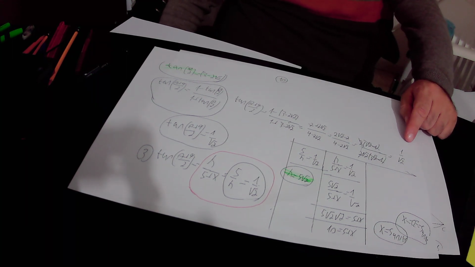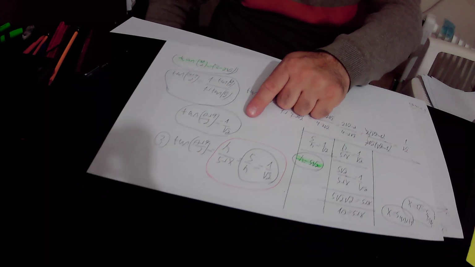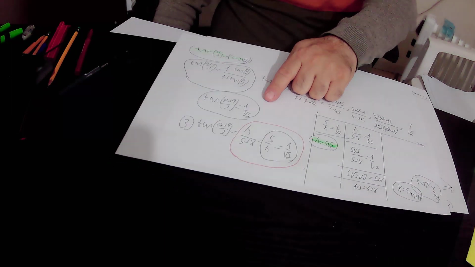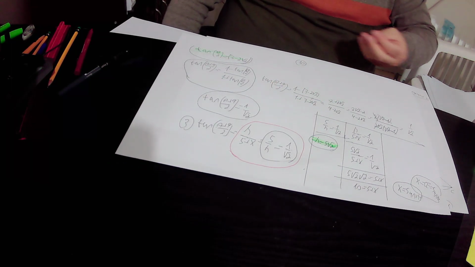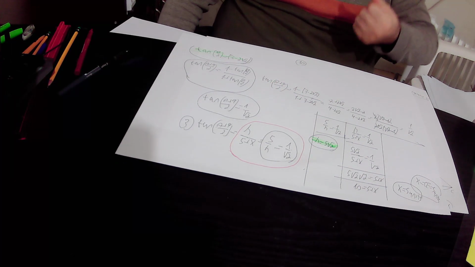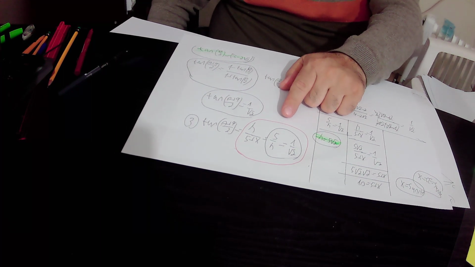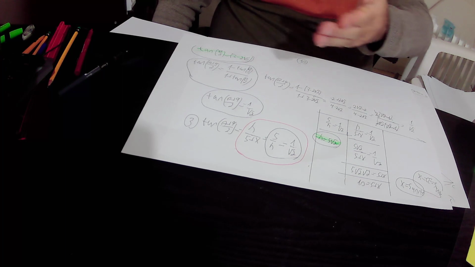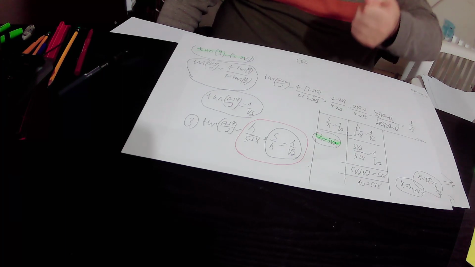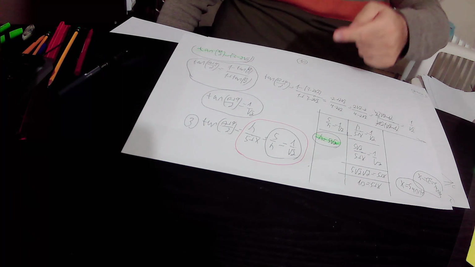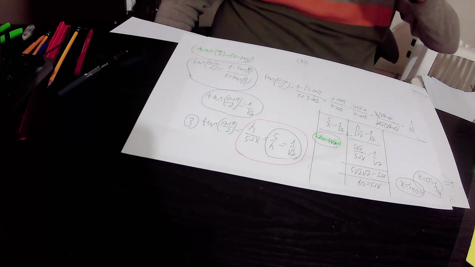That is to say, we found out that tangent of (theta plus alpha) over 2 equals 1 over square root of 2. Now we have equation number 3, which states that tangent of (theta plus alpha) over 2 equals edge over 5 plus x, which equals 5 over edge. And we just found out that tangent of (theta plus alpha) over 2 also equals 1 over square root of 2.